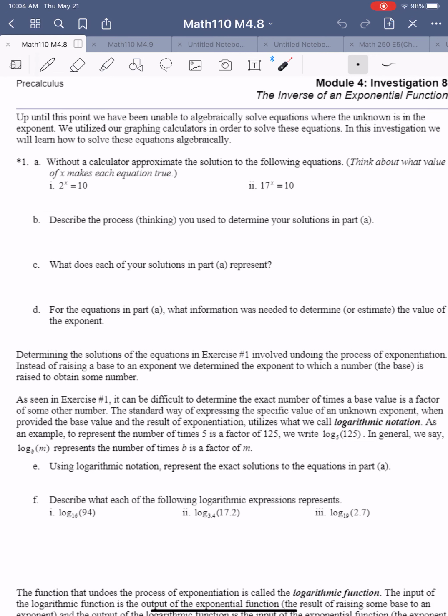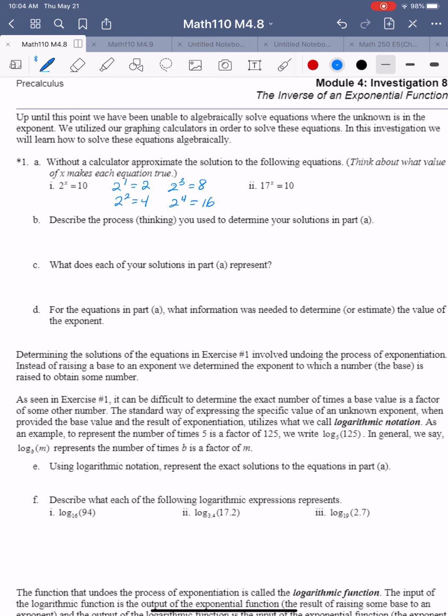So I was thinking, 2 to the first power is equal to 2, 2 squared is equal to 4, 2 cubed is equal to 8, and 2 to the fourth is equal to 16.